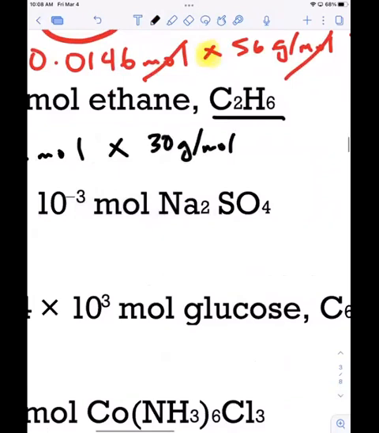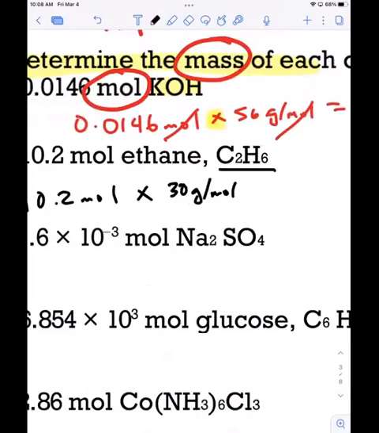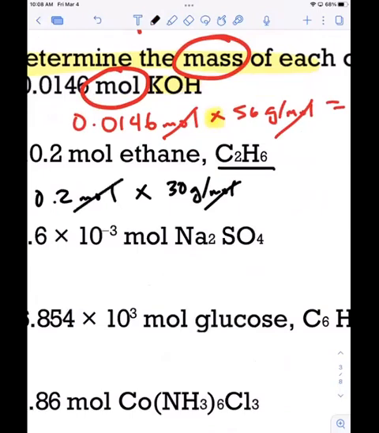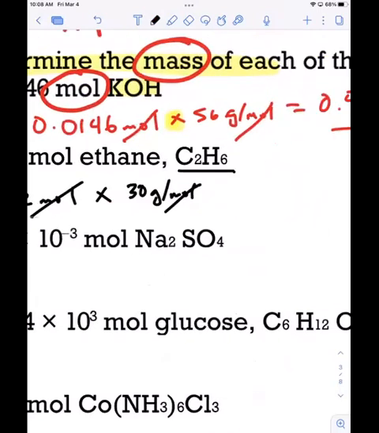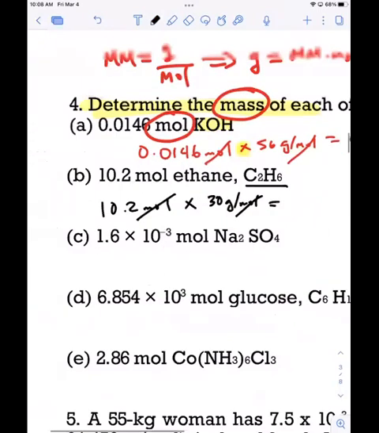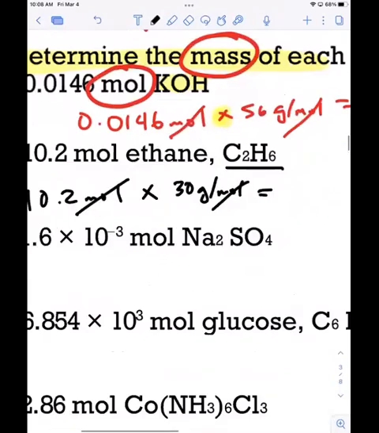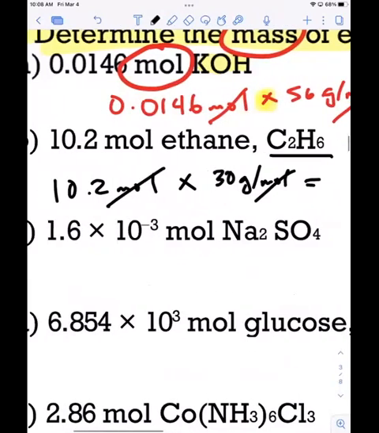Is that right? 2 times 12 for carbon and 6 times 1 for hydrogen. So about 30 grams per mole. So moles are going to cancel. 300 and some change. 306.